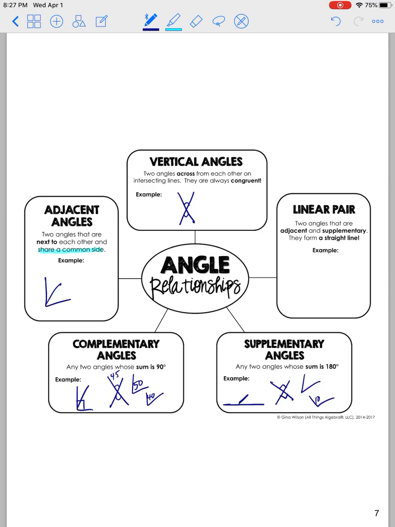So you could have like a 100 degree and an 80 degree. Lastly, we have linear pair. These are two angles that are both adjacent and supplementary. So it's really just only a straight line. Does it have to be a vertical line or a horizontal line? Just any line. So those are your angle relationships.